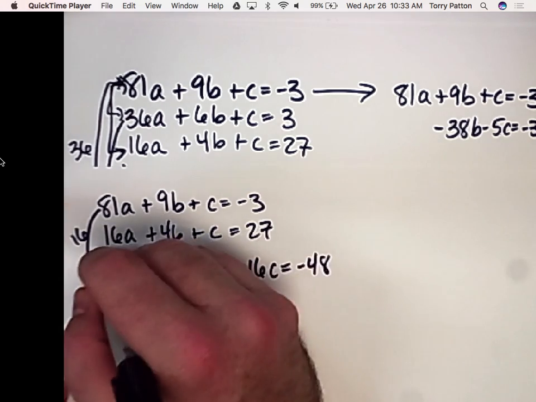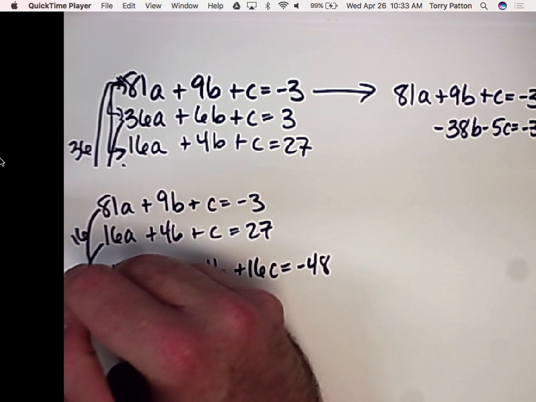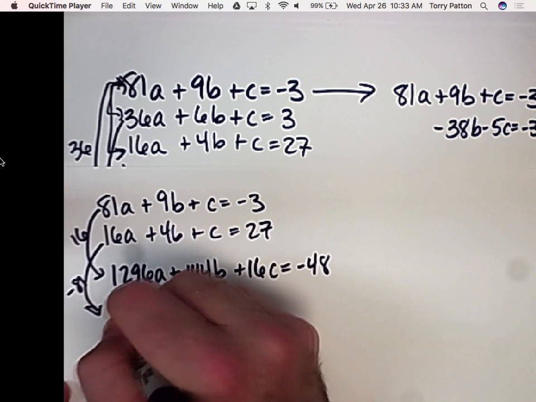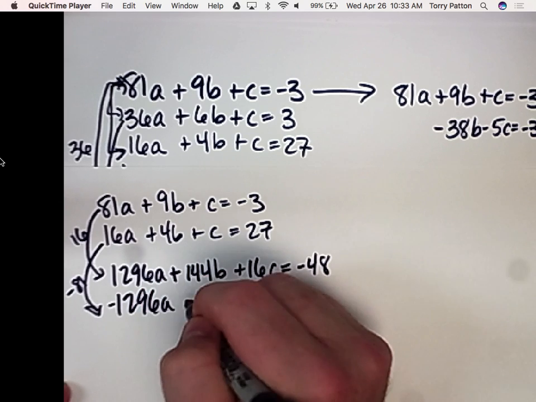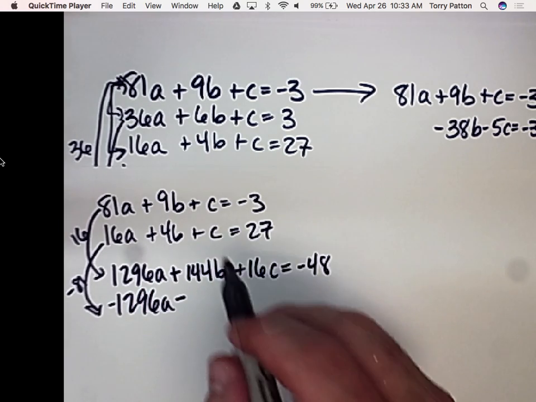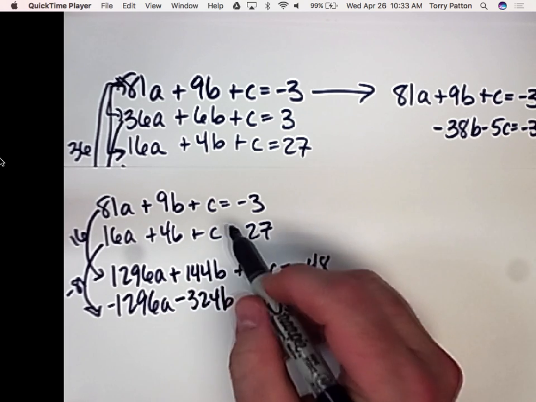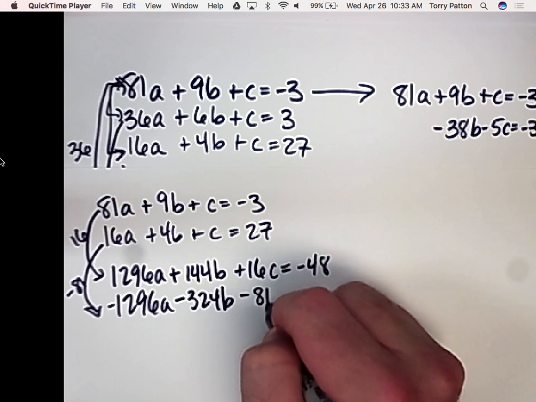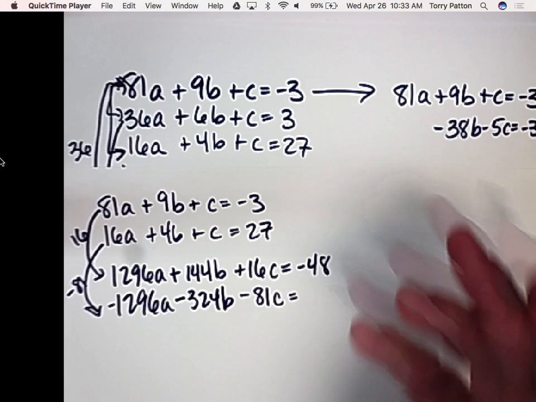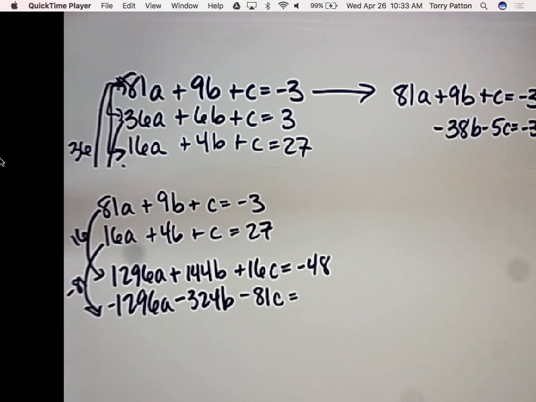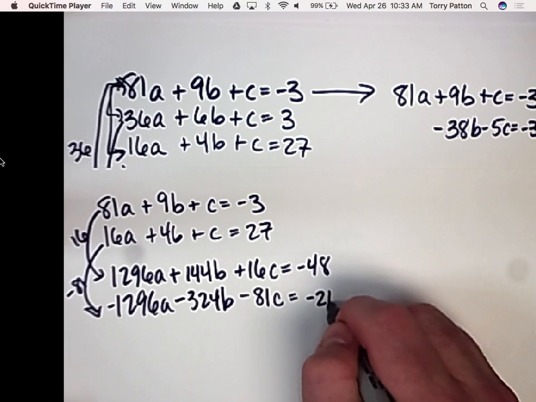Then if we multiply this by negative 81, we're going to get negative 1296a minus 4 times 81, which is 324b minus 81c equals negative 2187.